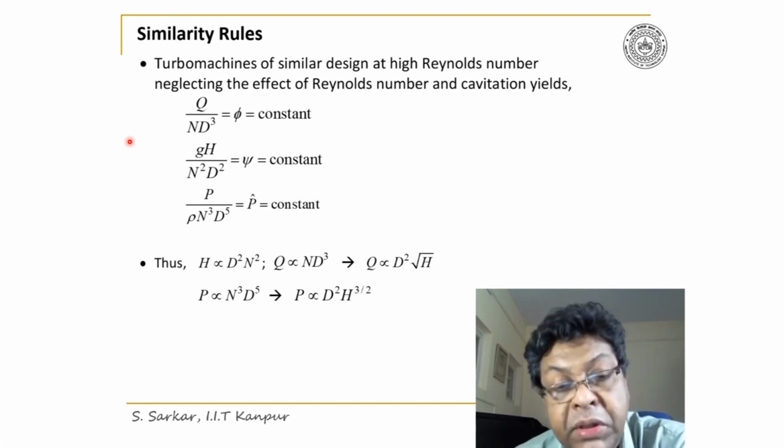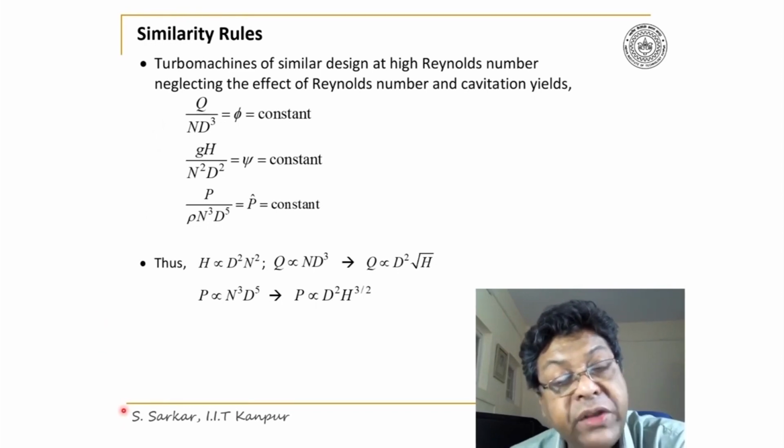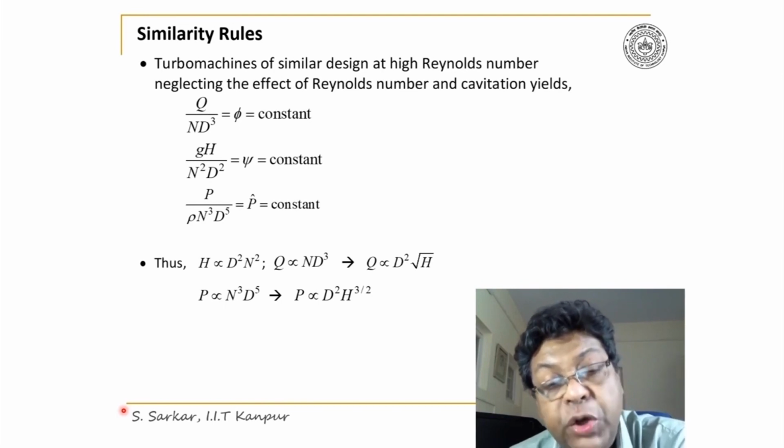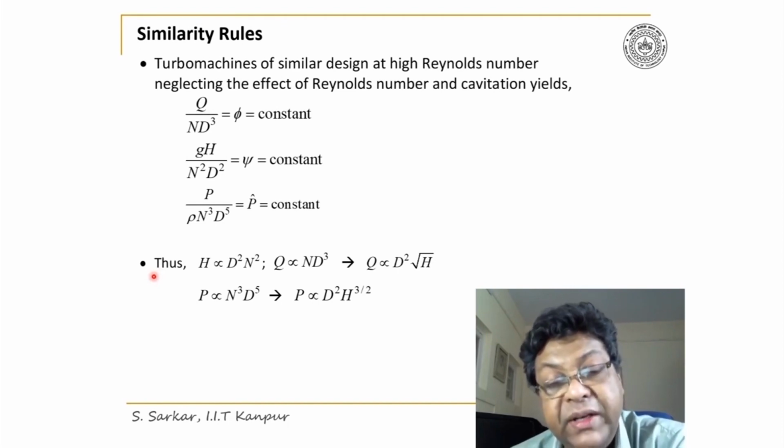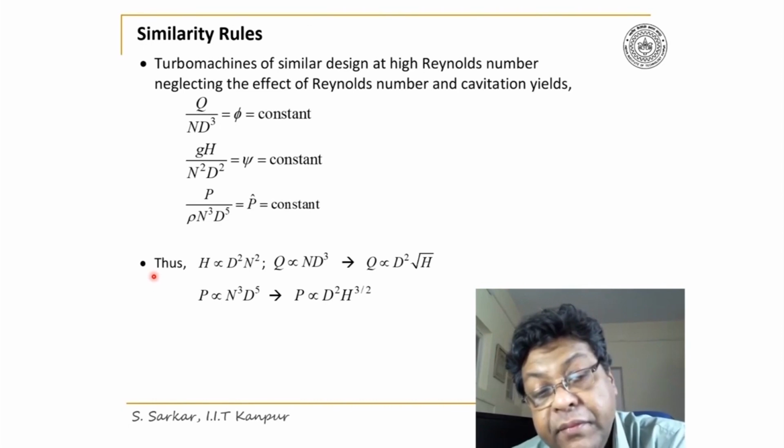Now, from this relation, we can write head proportional to N squared D squared and Q proportional to N D cubed for dynamically similar machines.